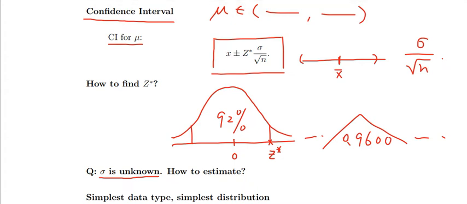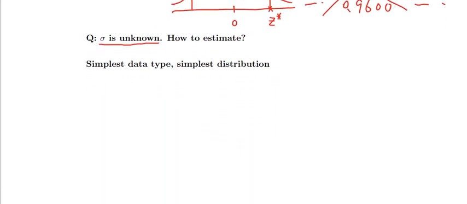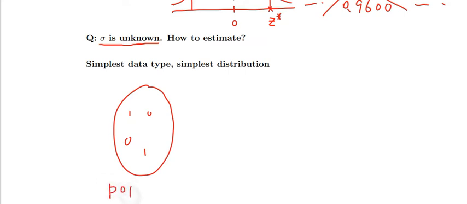estimate the population's mu? Let's check the simplest case, how to solve such a problem. We usually check a simple case first. A simple population is a 1-0 population.